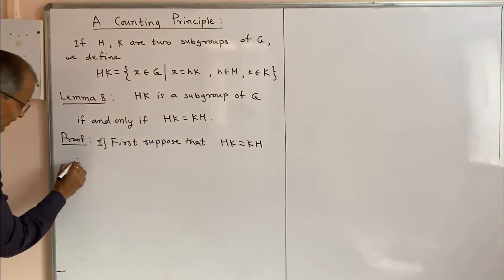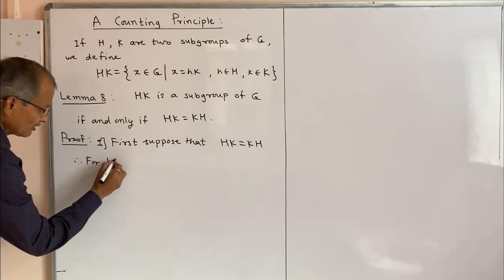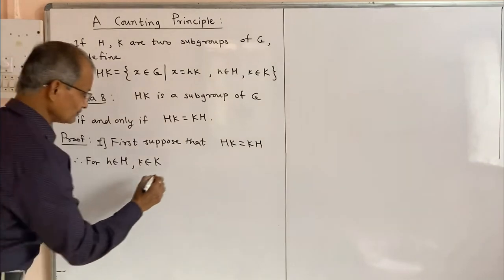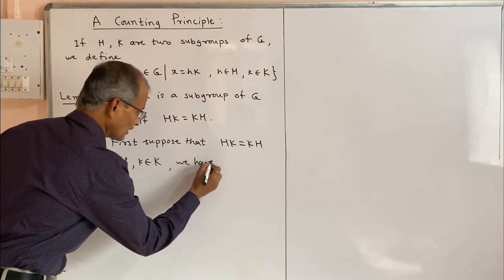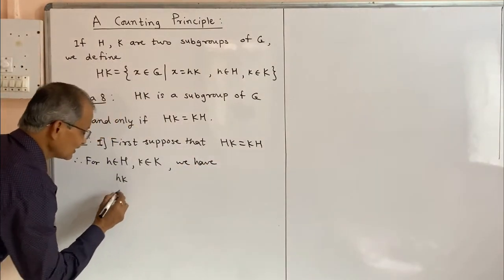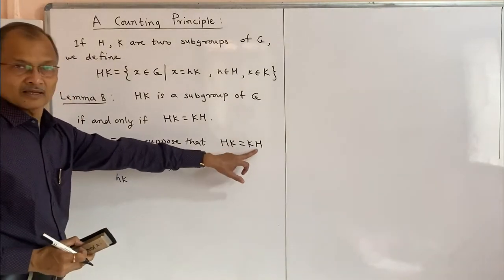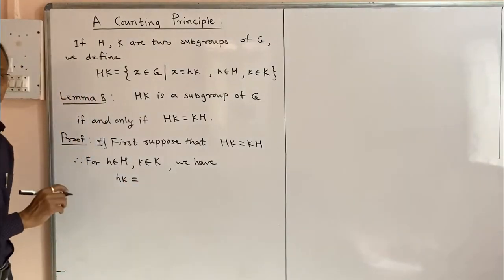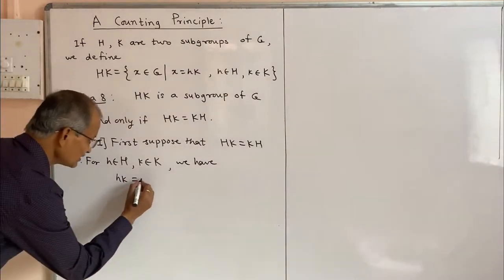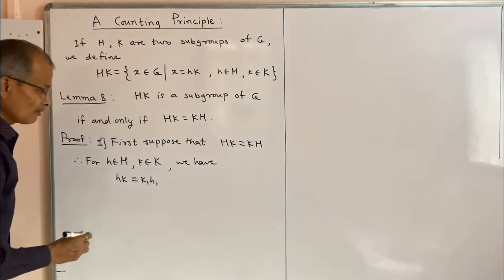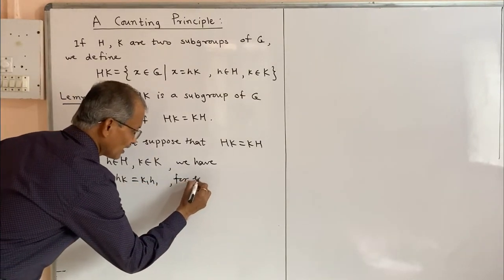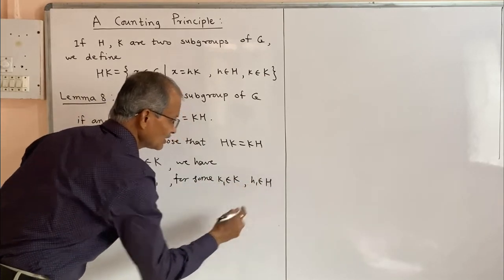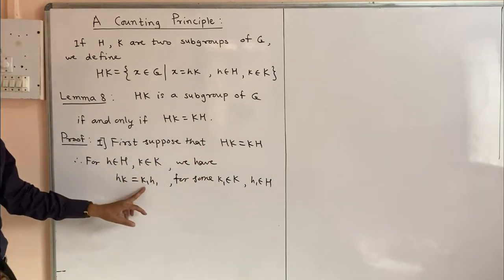Therefore, for h belongs to capital H, k belongs to capital K, we have hk, an element in HK, and this set is equal to KH, therefore this must be equal to a product of an element in K and an element in H. So we will consider this as k1h1, for some k1 belongs to K, h1 belongs to H. This is what we have written, HK is equal to KH.